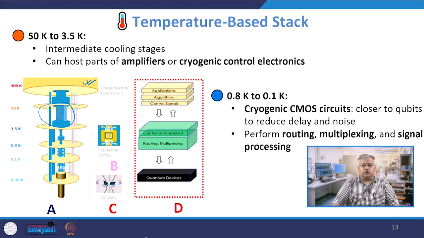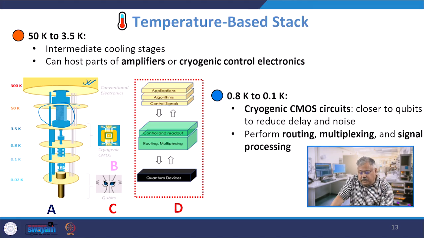This stack is what is known as an intermediate cooling stage and can host parts of certain amplifiers and cryogenic control. So, my cryogenic control sits effectively at around the 4.2 to 4.5 Kelvin range, up to the 10 Kelvin range, it sits very easily, right.